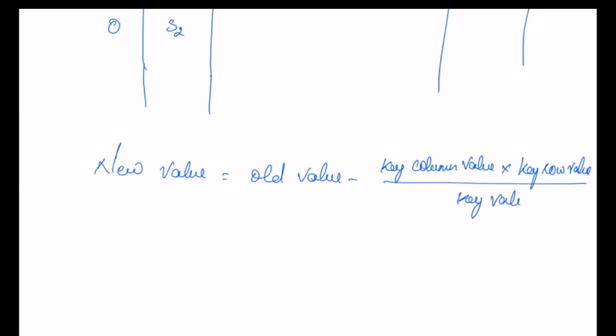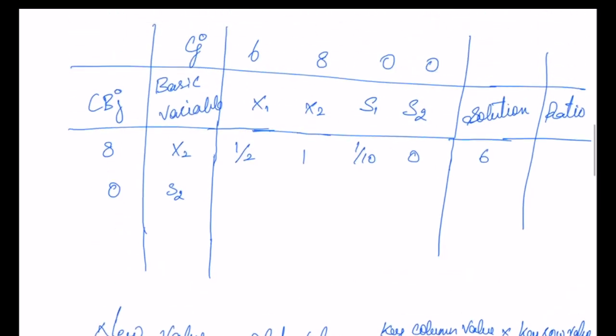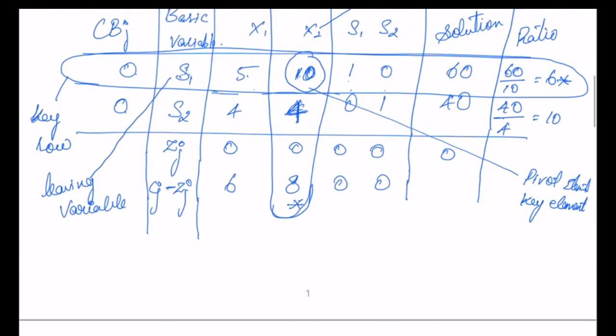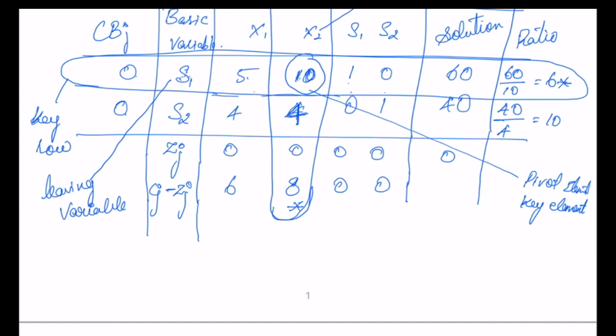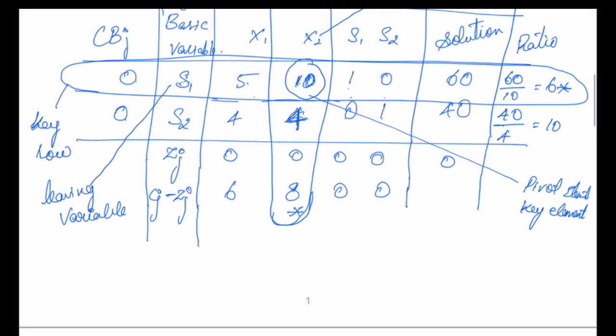Key value is nothing but the pivot value. So first we are going to find out the new value for the old values 4, 4, 0, 1 and 40. Okay. First we are going to find out the new value for this 4.